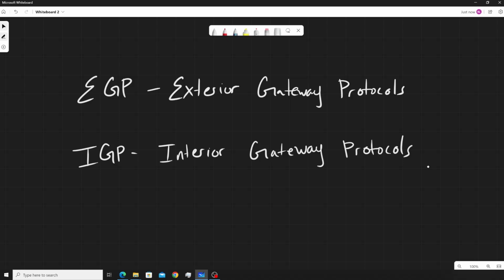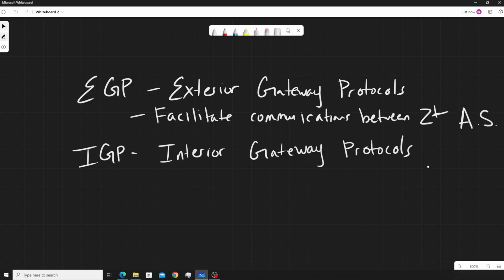The difference between the two is that exterior gateway protocols communicate between different autonomous systems. So they facilitate communications between two or more autonomous systems, which I'll abbreviate AS. Whereas IGPs facilitate communication inside of a single autonomous system.